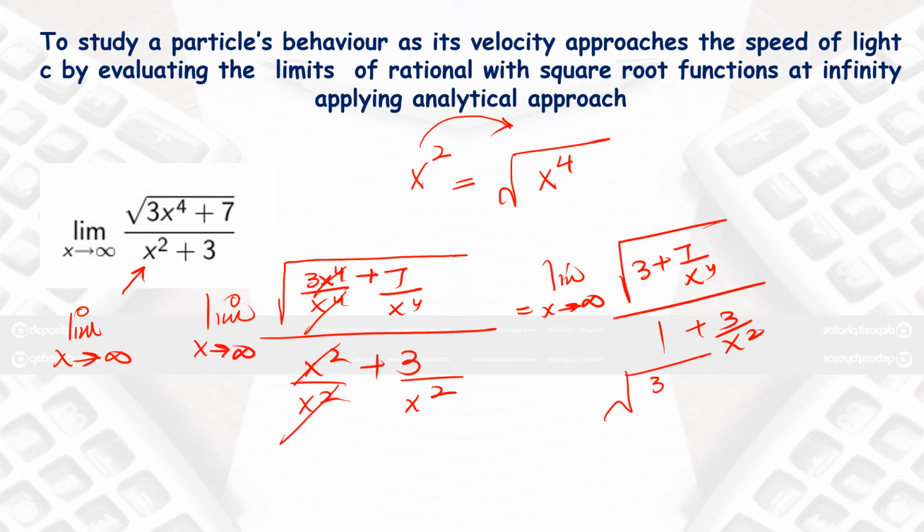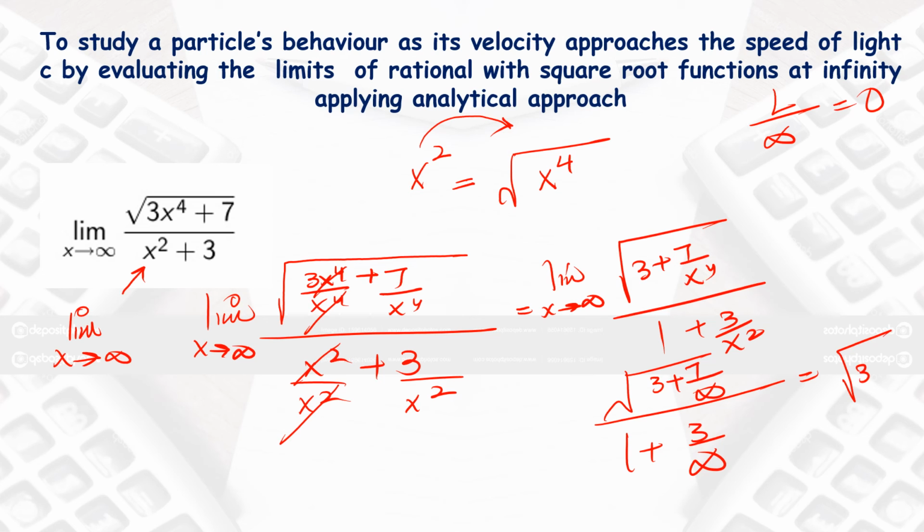So 3 plus 7 over infinity over 1 plus 3 over infinity. Infinity square is infinity. Now number divided by infinity, answer is 0. So here 3 plus 0 divided by 1 plus 0. So answer is square root of 3. So that is the answer.